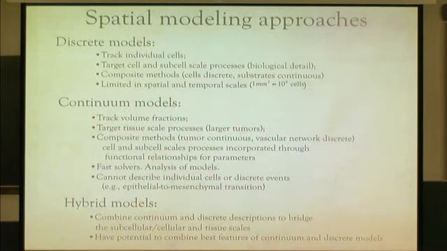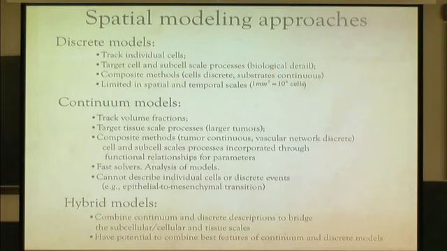Just to go over a quick overview of the types of approaches, there's discrete approaches, continuum models, and hybrid models. So discrete, basically, you're tracking individual cells. Continuum, you're tracking volume fractions rather than individual cells. And of course, the advantage of discrete is that you can basically describe a lot of biological detail, but you're limited in scales because of computational expense.